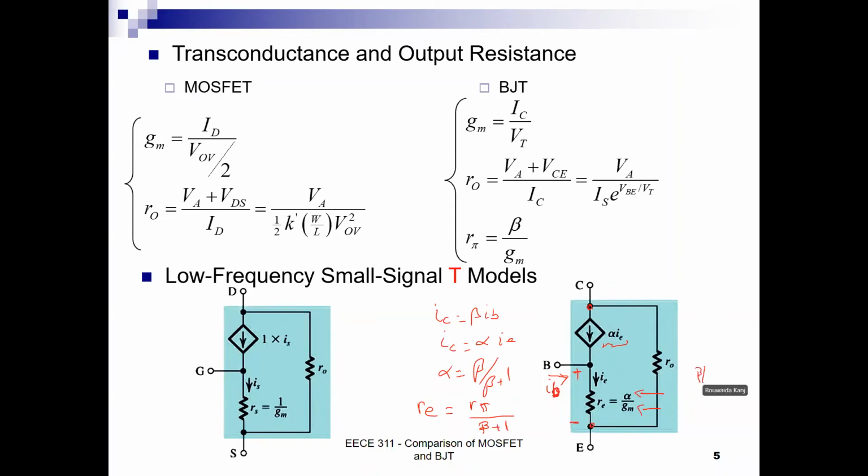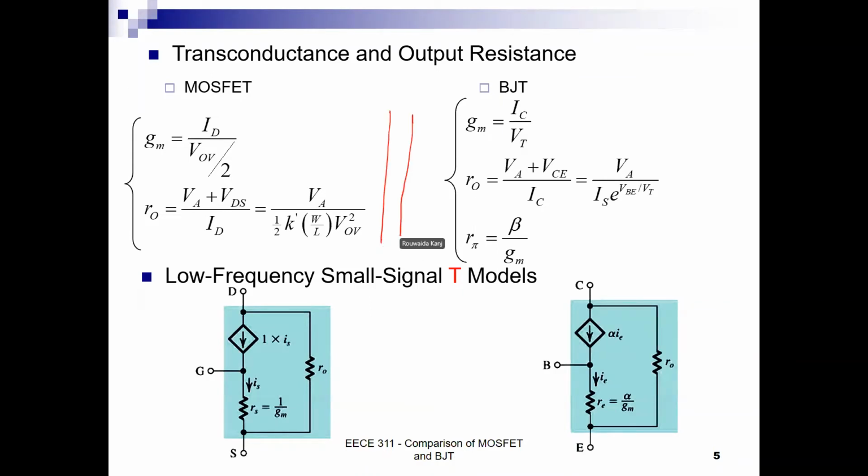Alpha is beta over beta plus 1, and GM is here. We know that R pi is beta over GM, so you can figure out how to derive this relation. You're not responsible for deriving this, but I'm just trying to show you the equivalence between these different circuits. What really matters is knowing how to derive GM, RO, R pi, and how to use the pi model for now. Any questions so far?